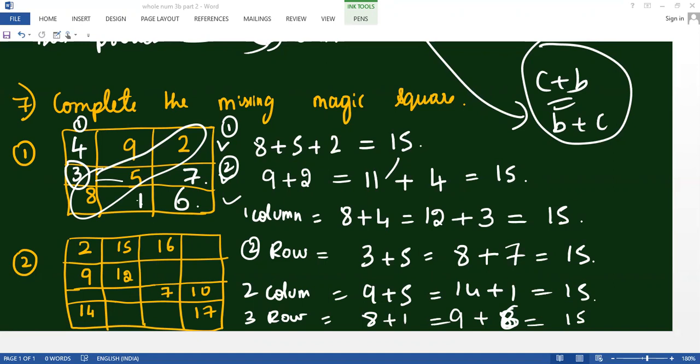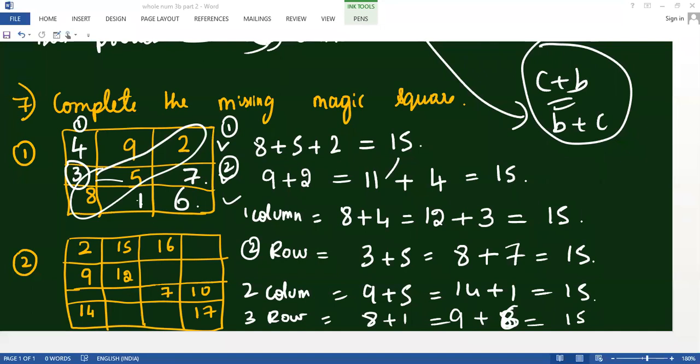So the answer is 12. And in the second row, let me complete this column. So that is 12 plus 4, which is equal to 16. So we need to add up 14, that comes to 30. So this will be the 14 answer.